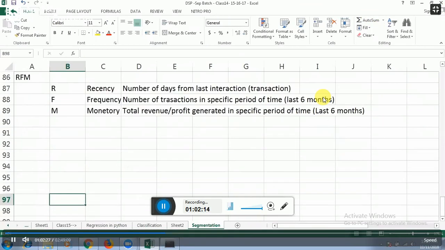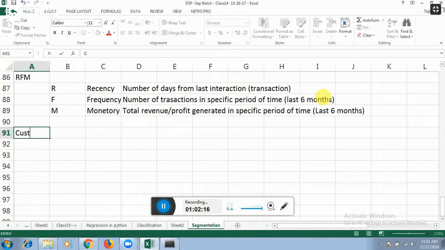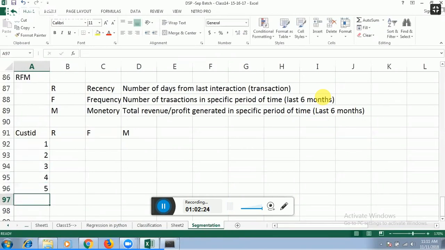Typically my data will be something like this: a customer ID and a recency, frequency, and monetary. For example, customers 1, 2, 3, 4, 5, 6, and so on. The recency may be 10 days, 20 days, 15 days, 29 days, 32 days, 11 days.